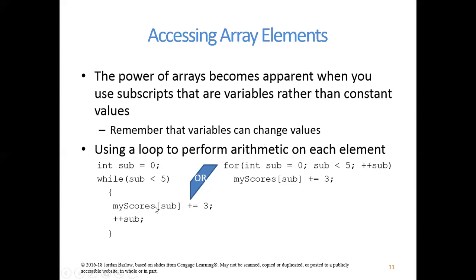So MyScores subscript 0 gets 3 added to it. Okay. The second time through the loop, sub is 1. So MyScores element number 1 has 3 added to it. So it goes through the entire array and does the same function, or same arithmetic in this case, on every single element of that array.